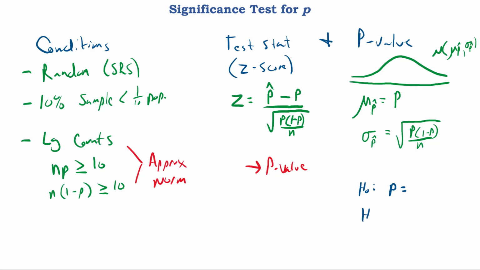And your alternative, depending upon how the problem is set up, will say that the proportion is less than, greater than, or not equal to, depending upon if it's one-sided or two-sided. Again, one-sided is dealing with greater than or less than, and two-sided is dealing with not equal to. So that is how those are going to be set up.